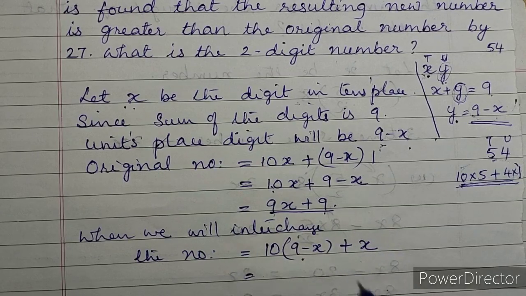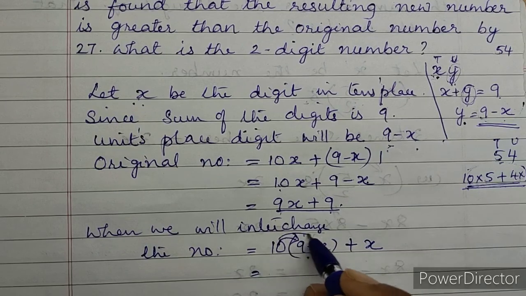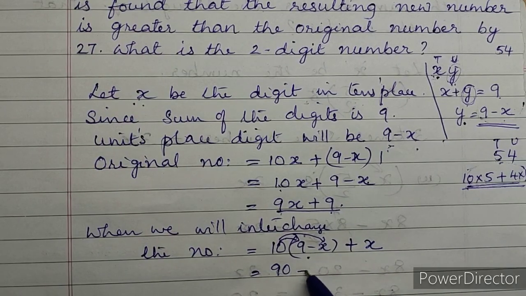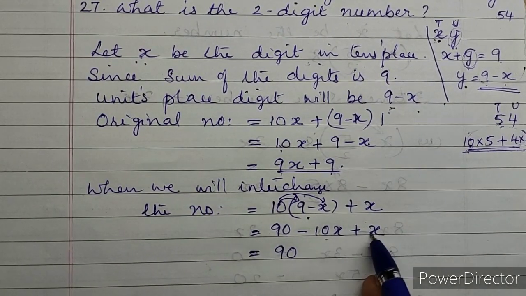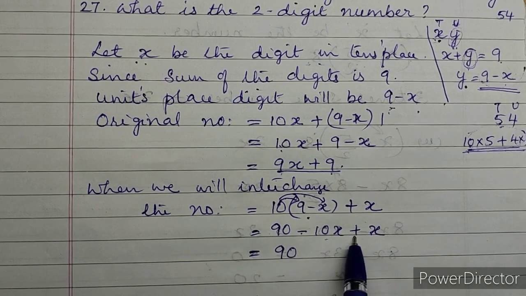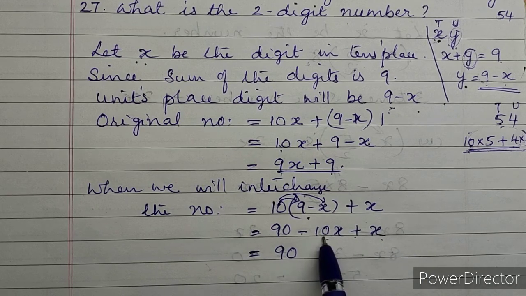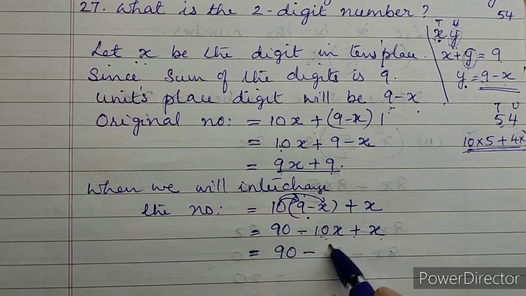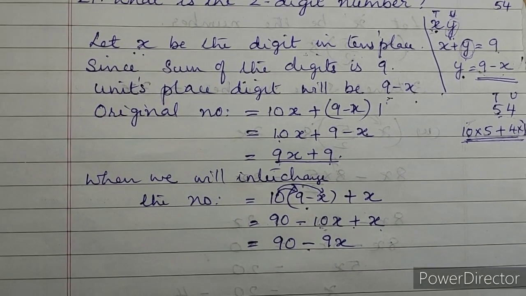So this is the number after interchanging. So now multiply it. 10 nines are 90 minus 10x plus x. You can simplify a little more. 90 minus 10x plus x. One is negative, one is positive. You have to subtract it and put the greater number's sign. So 10 minus 1, it is 9x. Greater number is 10, so sign you have to put negative only. So this is the number after interchanging.